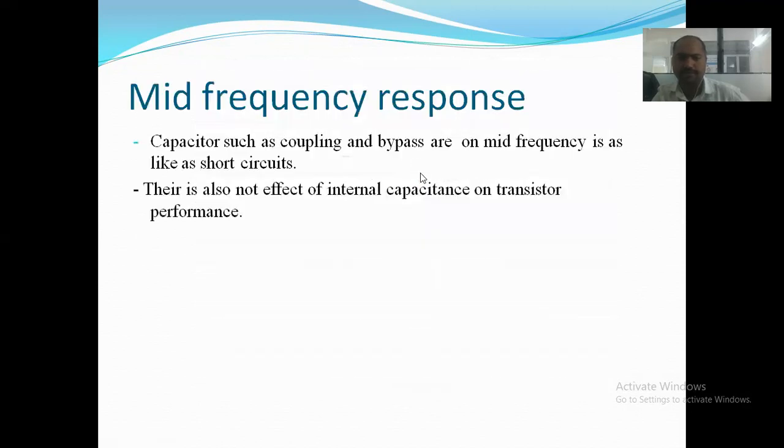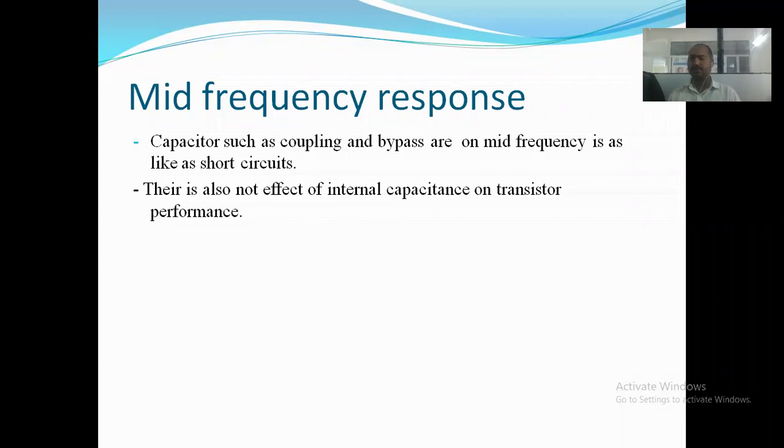Now we have seen three types of frequency: low, high, and mid frequency, right? These are the three operating frequencies of your transistor. Up to now we have seen low frequency and high frequency.